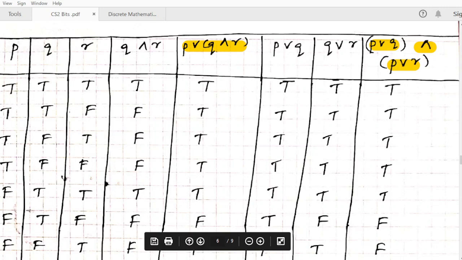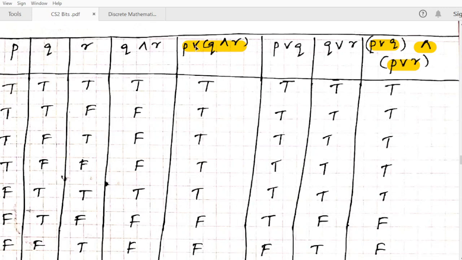Okay? So here we know that for P or (Q and R), we are having three propositions P, Q and R. So we first require the three propositions P, Q and R. So these are the three propositions and we have to find this compound proposition of P, Q, R. So I told you that when we are having three propositions, the number of possibilities of all the truth values is 2 raised to 3.